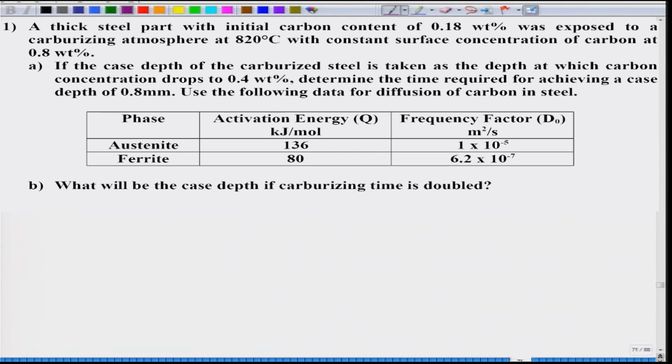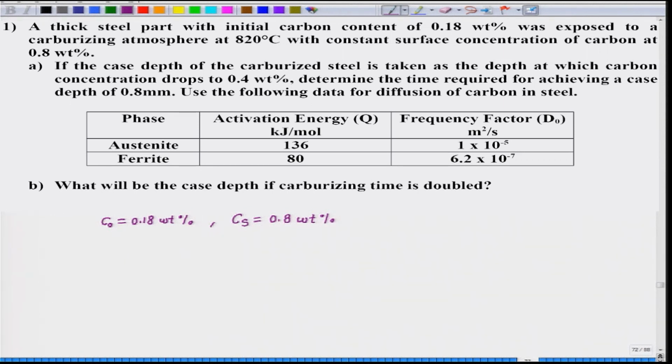So, the original carbon content of steel is C naught equal to 0.18 weight% and the constant surface concentration maintained during carburizing is C s equal to 0.8 weight%.